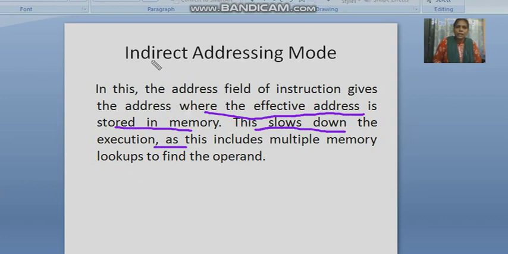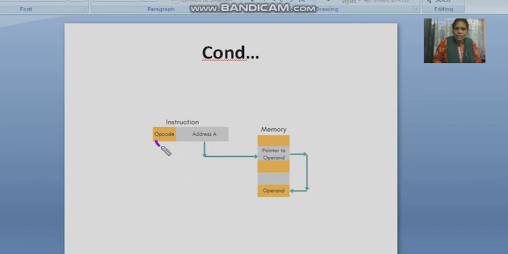So this is the indirection, and in the block diagram for indirect addressing mode, this is the operand, this is the address, and this is the address of the address. Here also an address is stored, and this address will actually store the operand. So this is the indirect addressing mode.